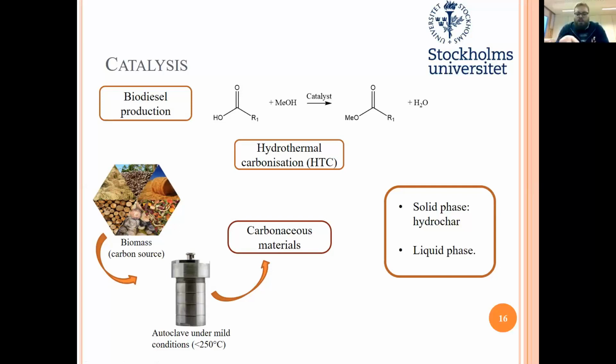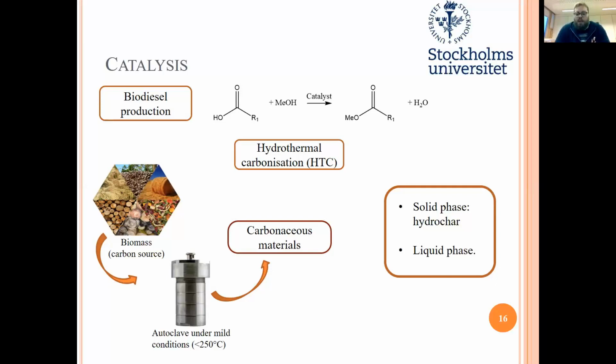And the water generates pressure within the vessel. It's this self-generated pressure and relatively high temperatures that produce the breakdown of the biomass into smaller monomers that then decompose and condense into forming carbonaceous materials.